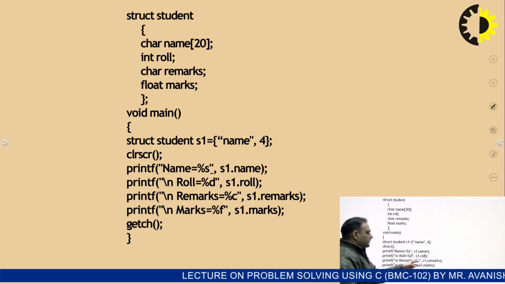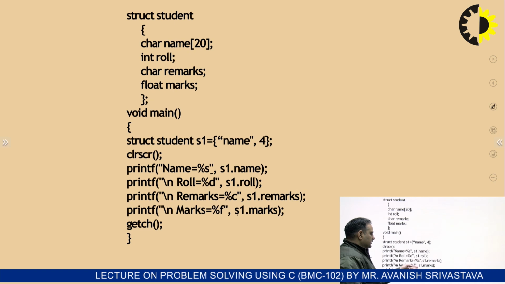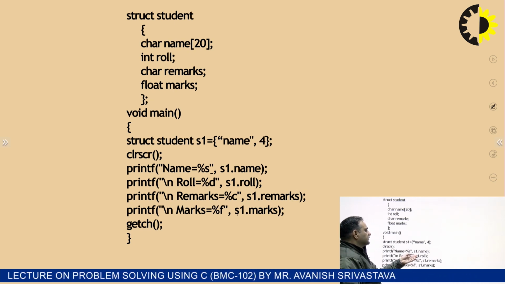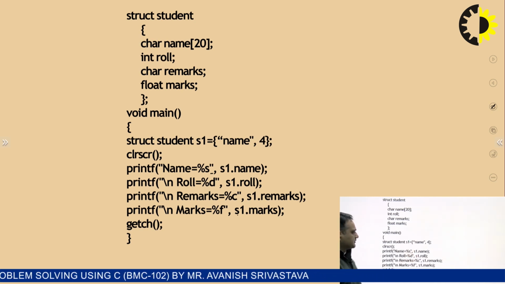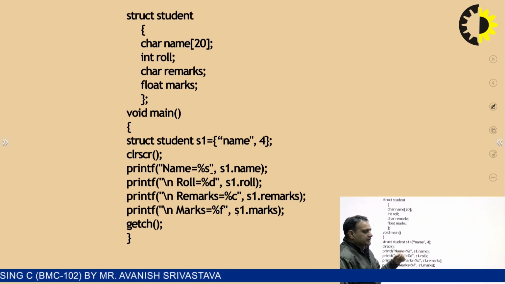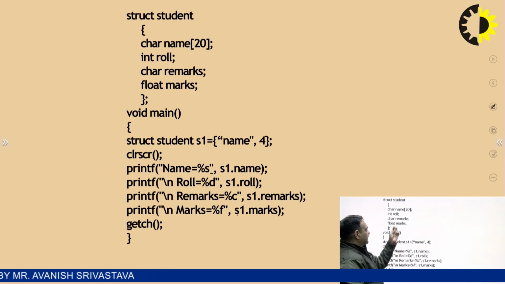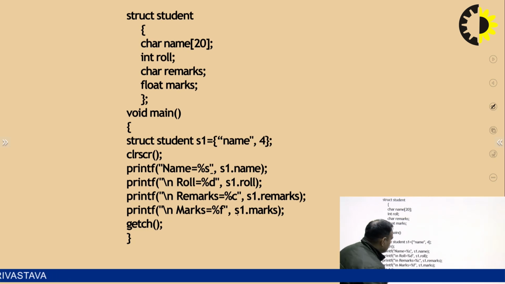These are the two default values: a null character here and the default value 0 here. But roll number is 4 and name is the string. So these are the remaining fields which we do not initialize in this example, remarks and marks, but we initialize name and roll number.